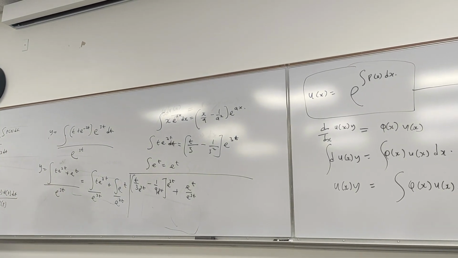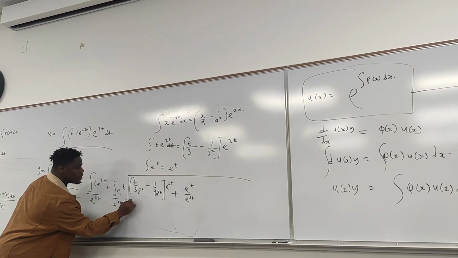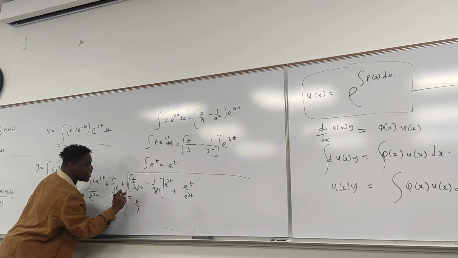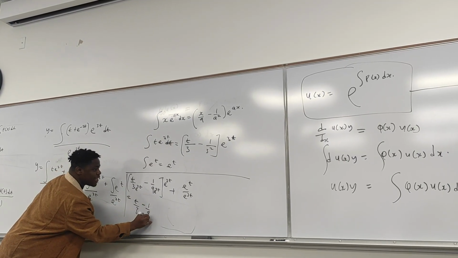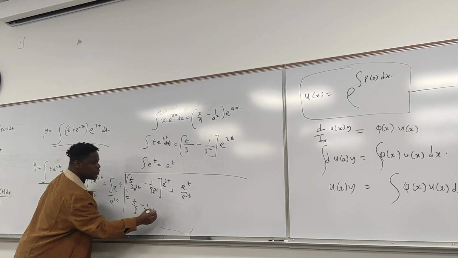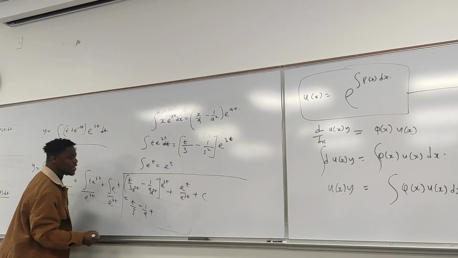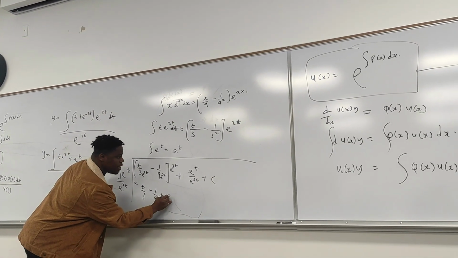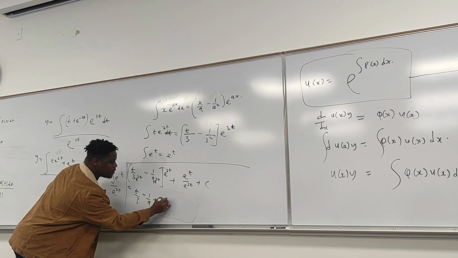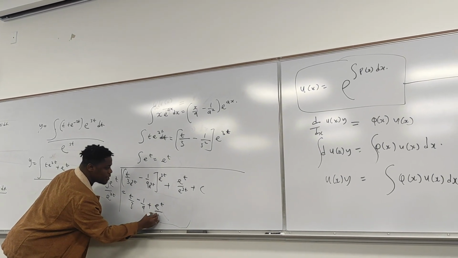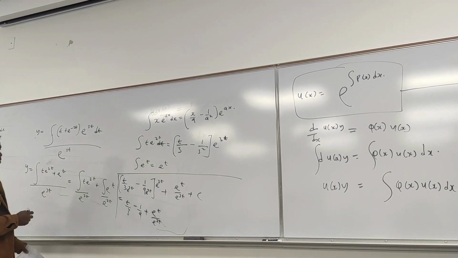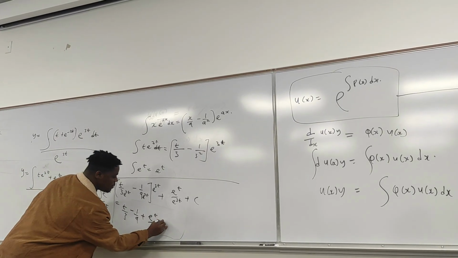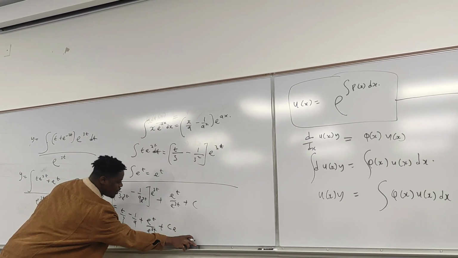So that gives us t over 3, because this cancels out this, minus 1 over 9, plus, of course, let's add plus c, the constant, plus exponential t over exponential 3t. Typically, plus c, let's leave this.